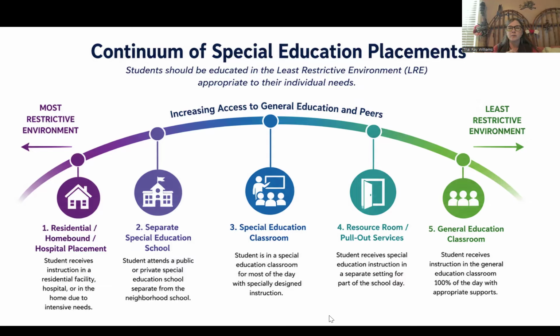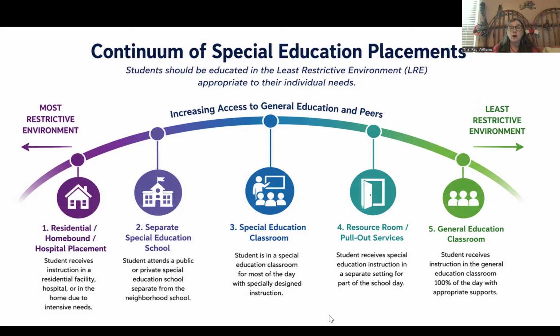All right, now let's keep moving up. What's the next least restrictive environment? That'd be a special education classroom. And it would be a special education classroom in which the students spent most or the majority of their day. And that is where their specially designed instruction is delivered. But again, you're in a separate classroom. You're not in the general education classroom. Students are not with their non-disabled peers for the majority of the day.